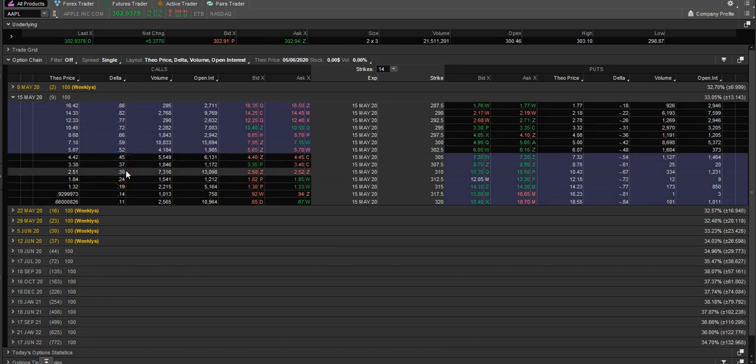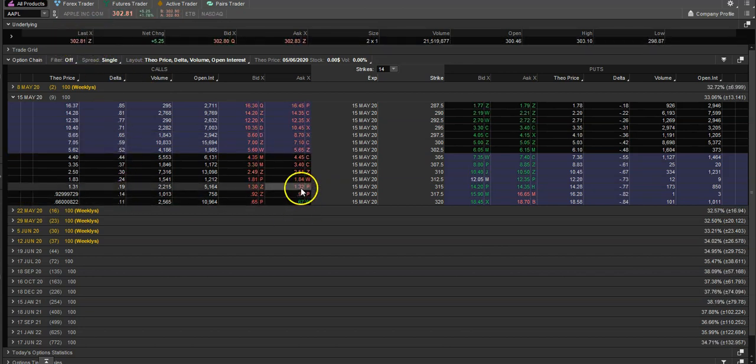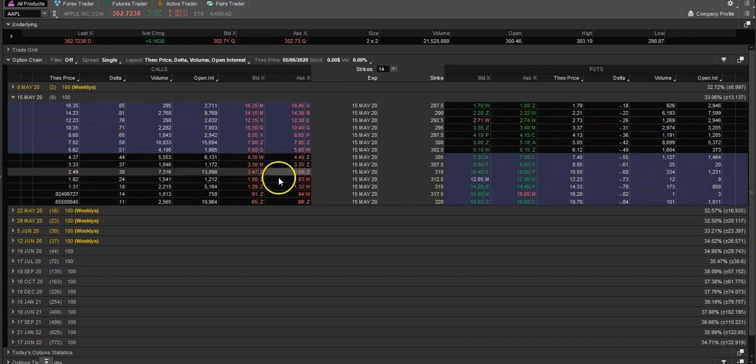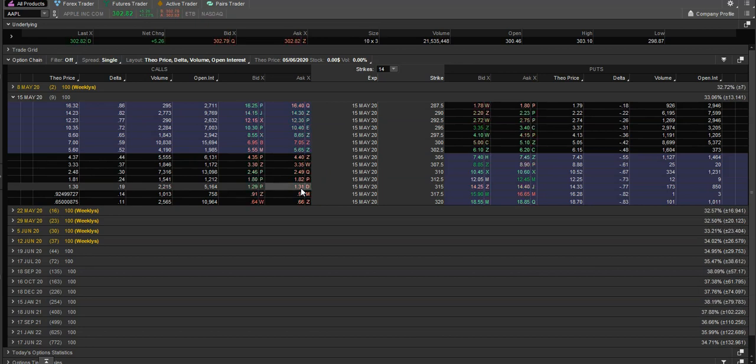Another way to look at the delta is if I bought these right now for $1.33, for every $1 move of the stock, either up or down, the option is going to change by 19 cents. So if I buy these for $1.32 and the stock moves $1 really quick, add 19 cents to the 132, and that's your number, so 151 is what the option would be worth.